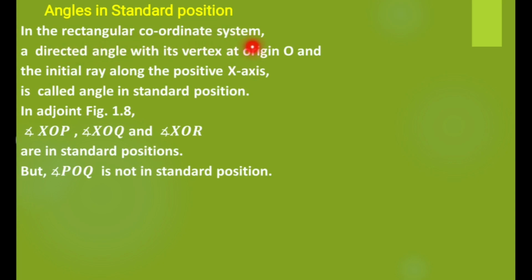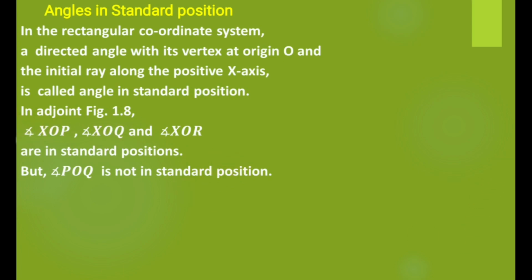In the rectangular coordinate system, a directed angle with its vertex at origin O and the initial ray along the positive x-axis is called an angle in standard position. We require here the initial ray along the positive x-axis.